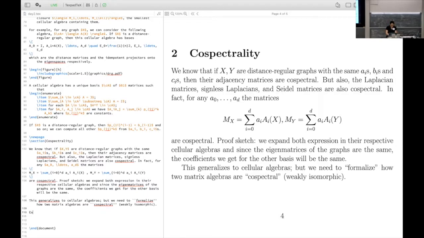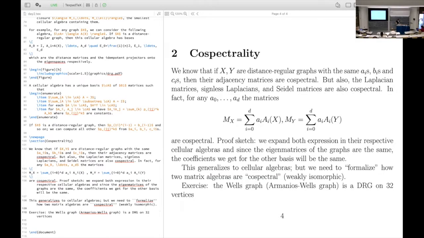Okay, so exercise. The Wells graph, also known as the Armanios-Wells graph, is a distance regular graph on 32 vertices with intersection array 5, 4, 1, 1, 1, 1, 4, 5.